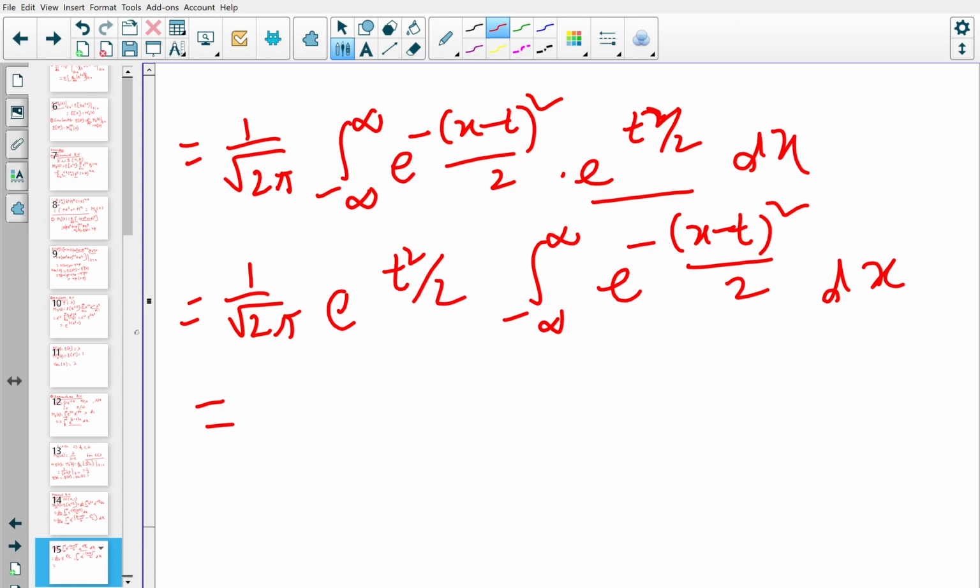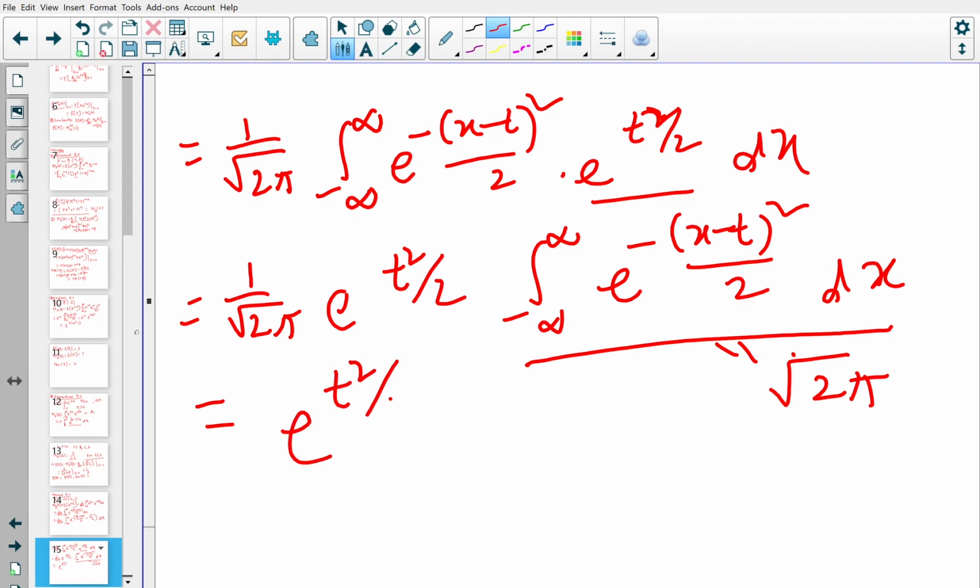Now this integral we already discussed in class, and we know that its value is root 2 pi, so the 1 by root 2 pi cancels. The final answer is e power t square by 2. So this is the moment generating function for the standard normal random variable.